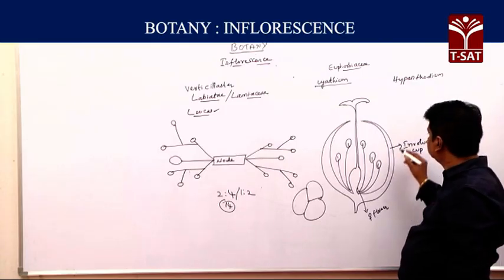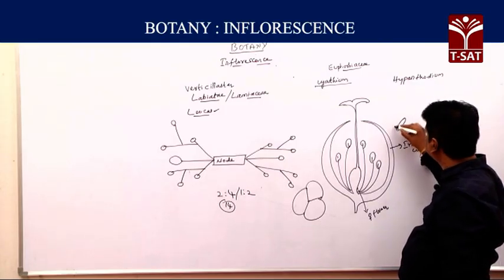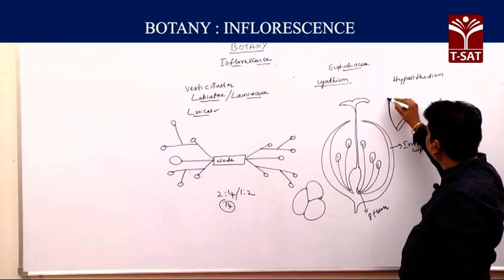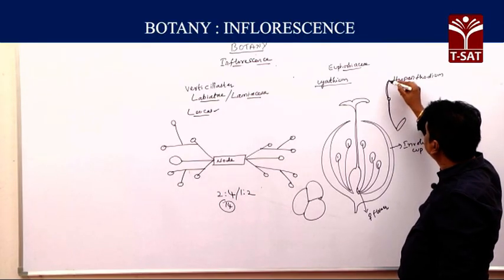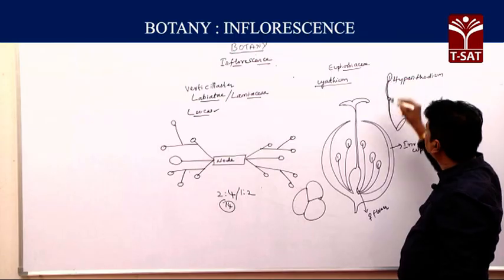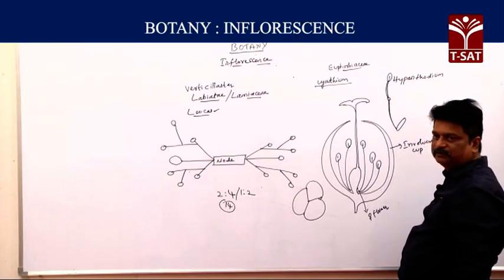Then male flower, each male flower is represented by only 1 stamen, so it is called microsporophyll.